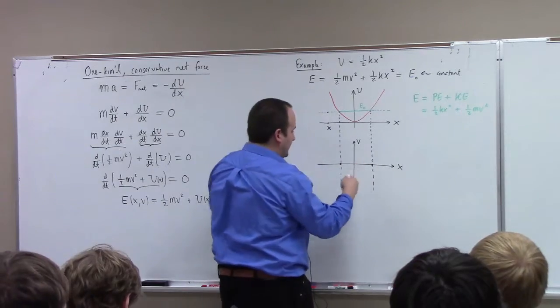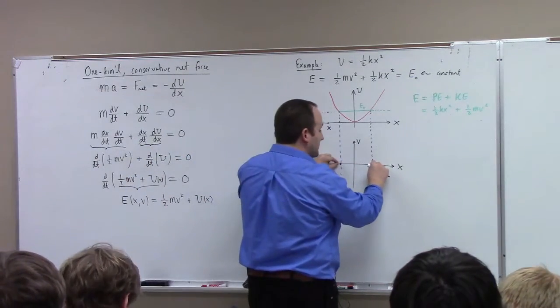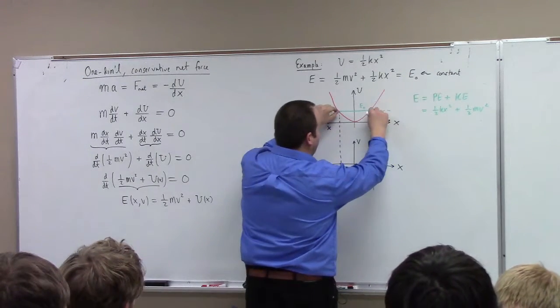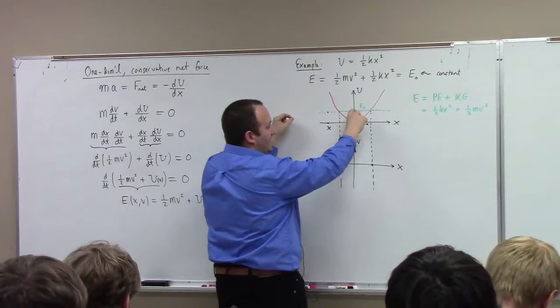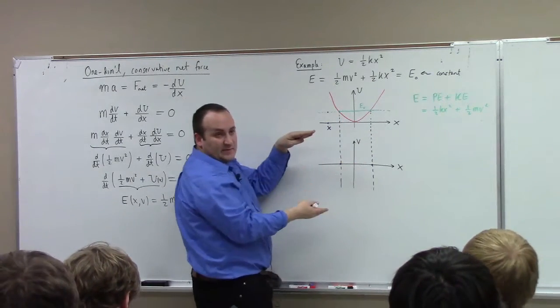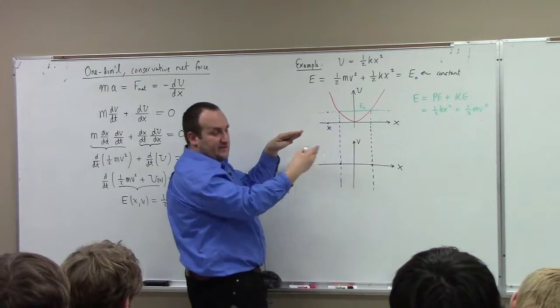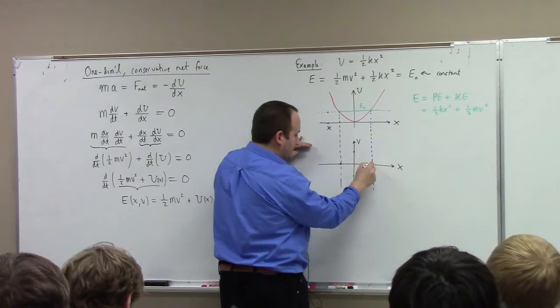This is supposed to be symmetrical. Well, I tried. So the places where you have zero velocity are where you have what? Maximum potential energy. The place where you have zero potential energy, right there, is where you have the maximum velocity. And the energy gets traded back and forth between the two. But what you got here is something like this.